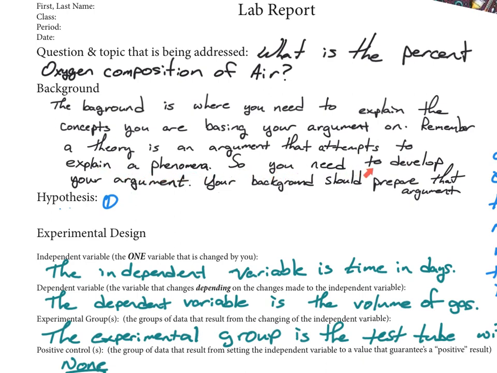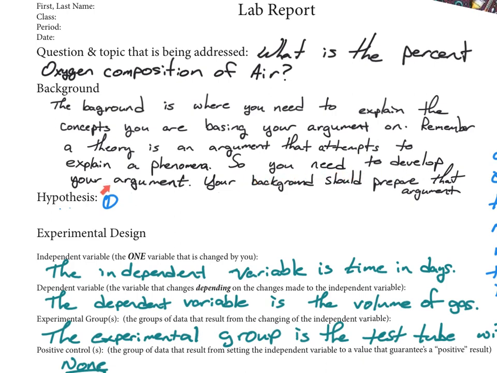Oh, by the way, a phenomenon is just a happening. So something happens, an apple falls from the tree, or a fish breathes underwater, or you notice that there's oxygen in air, and you wonder what percent of the air is oxygen. So you have this phenomenon, and an argument tries to explain that.